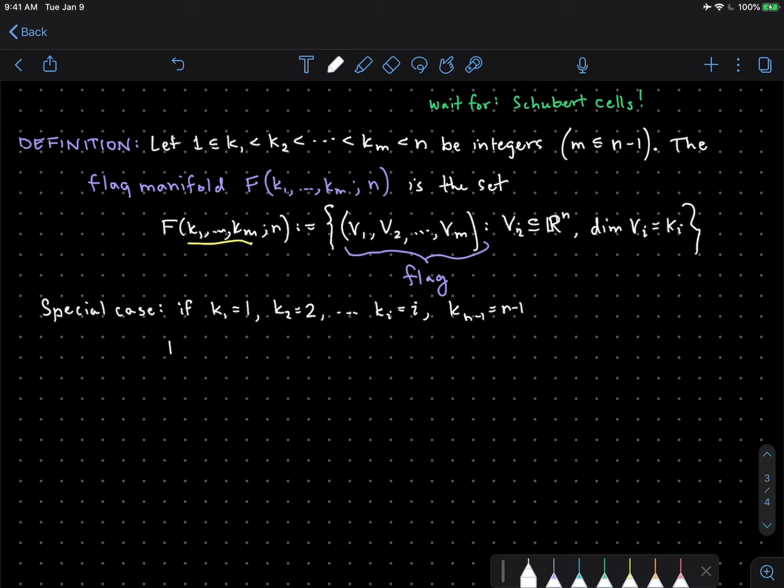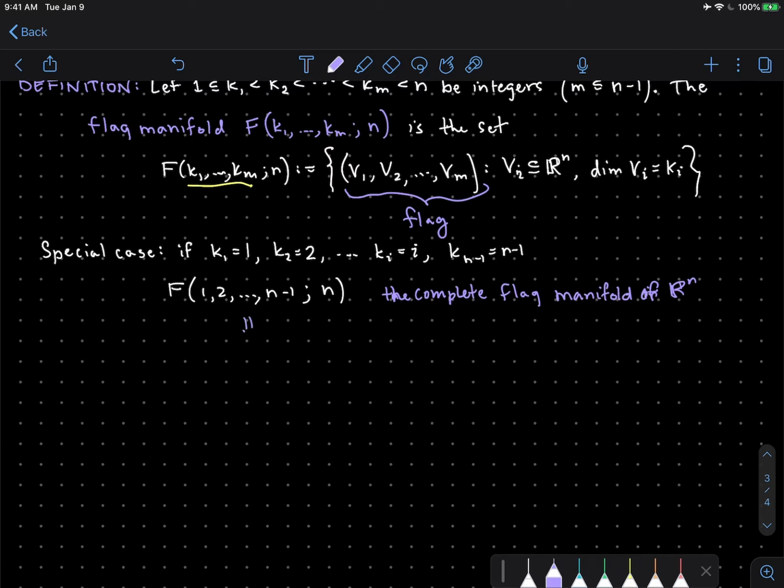Then F of 1, 2, up to n minus 1; n is called the complete flag manifold of R^n.